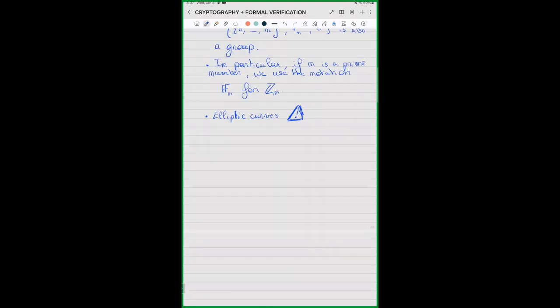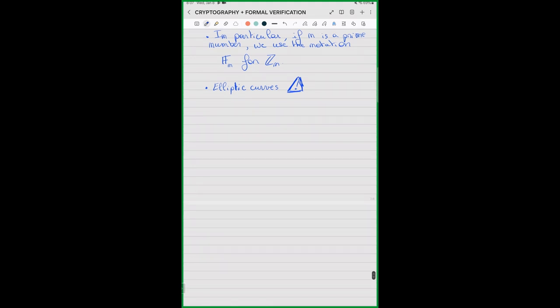Because we're going to study a certain kind of group, the elliptic curves. Elliptic curves are a certain kind of group, they are not something else that we need. So we first start with the group, and after that we go into other structures. Does it answer the question? Yes, thanks.